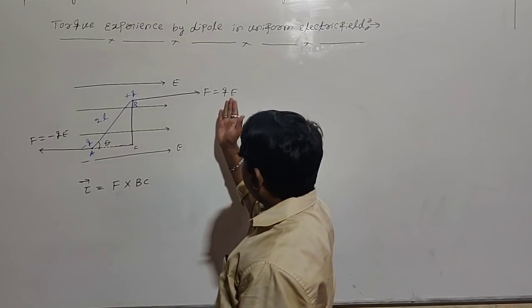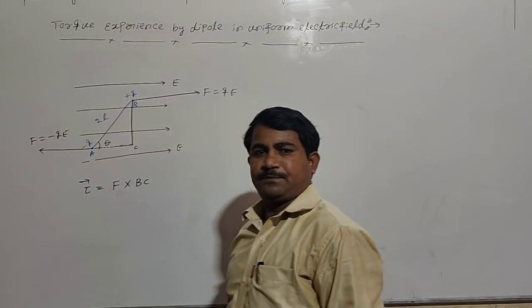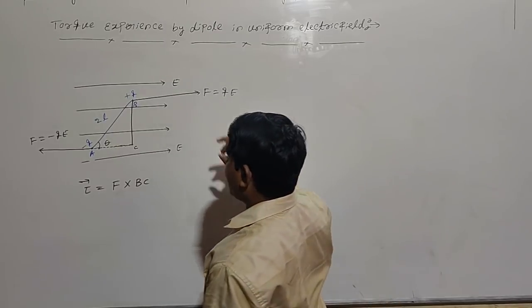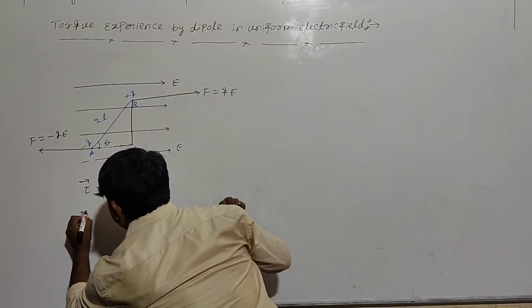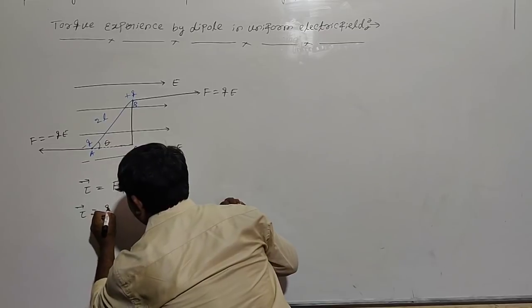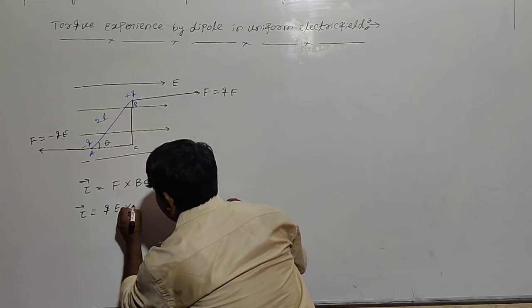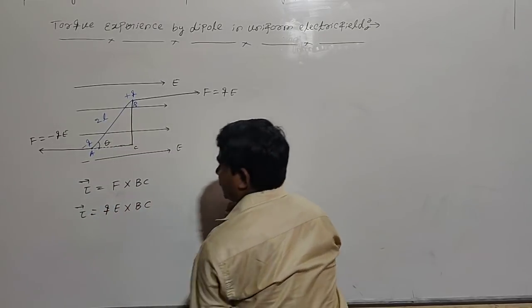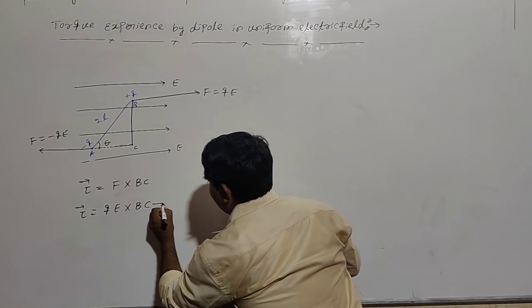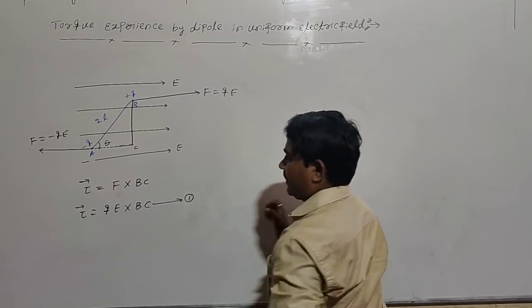You can take either this force or this force. Now, F is equal to qE. Then tau is equal to qE into the perpendicular distance. This I will take as equation number 1.